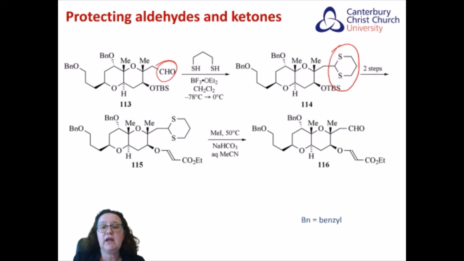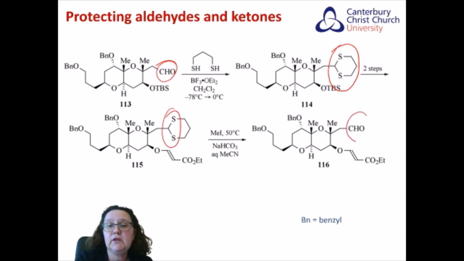There's a series of reactions, and then when the synthesis has finished, you can remove the protecting group and recover the original functional group, the original aldehyde that was being protected.